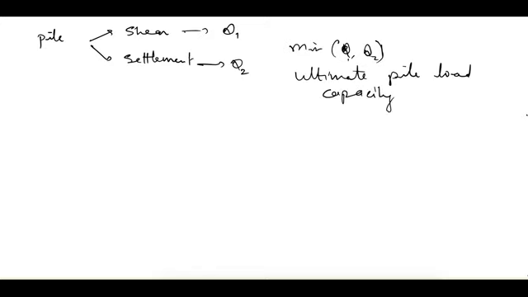And we can apply some factor of safety on this ultimate pile load capacity and then we can use it for design. So to find out this ultimate pile load capacity, there are several methods.